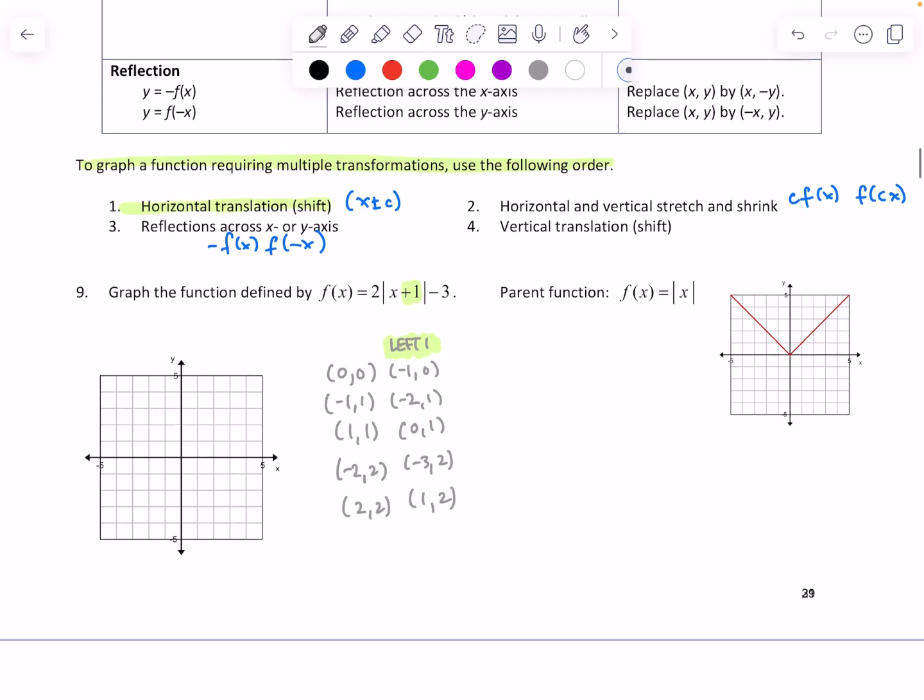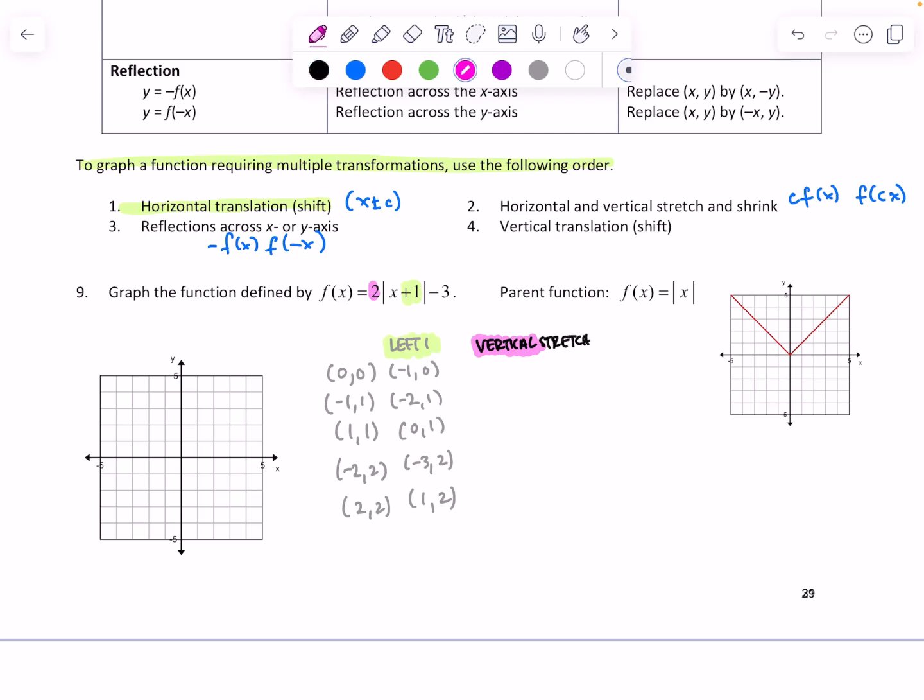But then next we look for stretches or shrinks, and we've got this right here. It's on the outside, which means we're changing y. So this one's going to be a vertical change because it's changing y, and it's multiplying by a number bigger than 1, so it's going to be a vertical stretch.